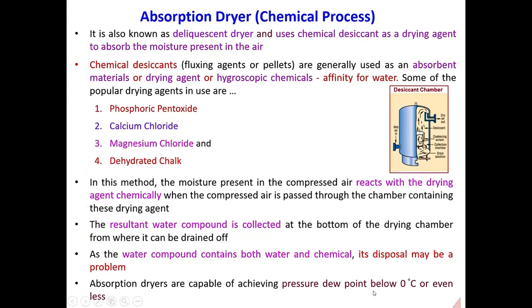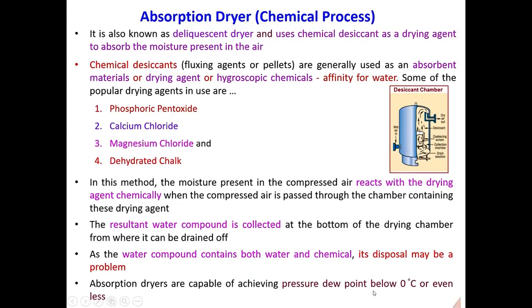Chemical desiccant, fluxing agent or pellets are generally used as absorbent materials, drying agents, hygroscopic chemicals with affinity for water. Some of the popular drying agents used are phosphorus pentoxide, calcium chloride, magnesium chloride, dehydrated chalk.